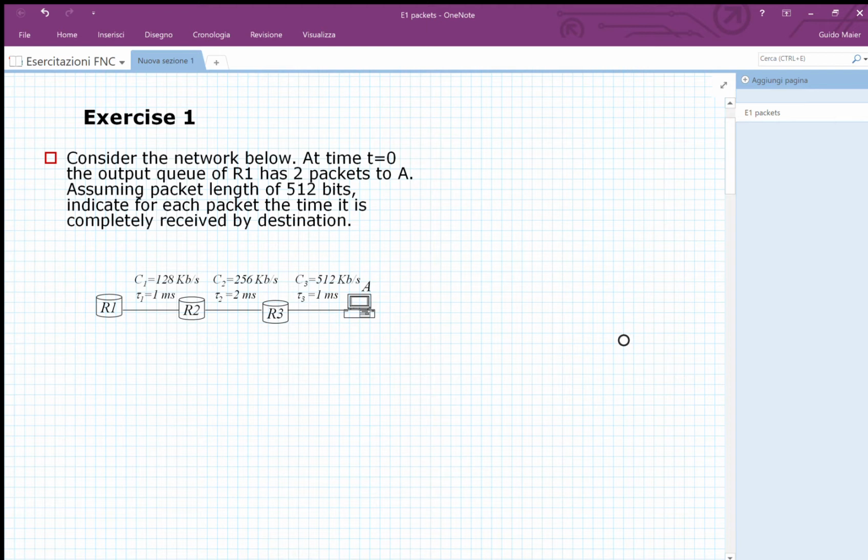All the nodes here, since there is no other specification, are assumed to work in store and forward mode. So they receive the packet and then they transmit it.